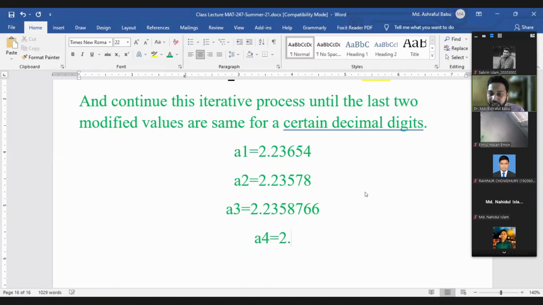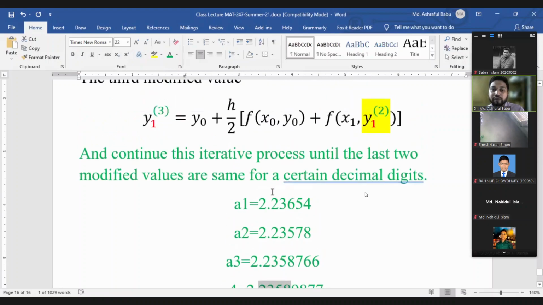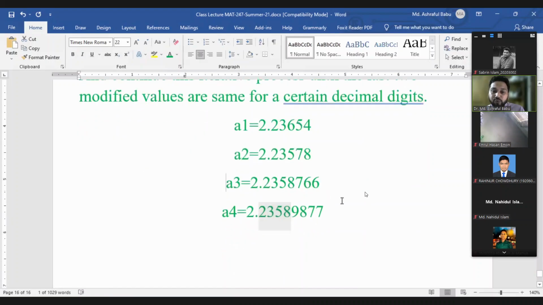If the next iteration is like 2.358 and some other values, now look: 2, 3, 5, 8 and 2, 3, 5, 8. That means up to 4 decimal places they are correct, and now we can stop. This is when we stop the iterative process: when the last two approximations are the same for a certain number of decimal digits.